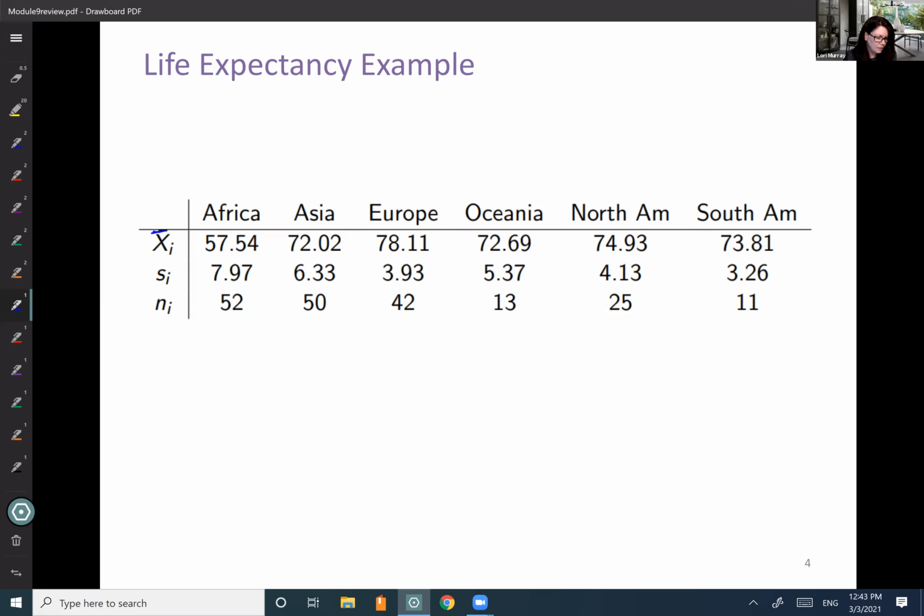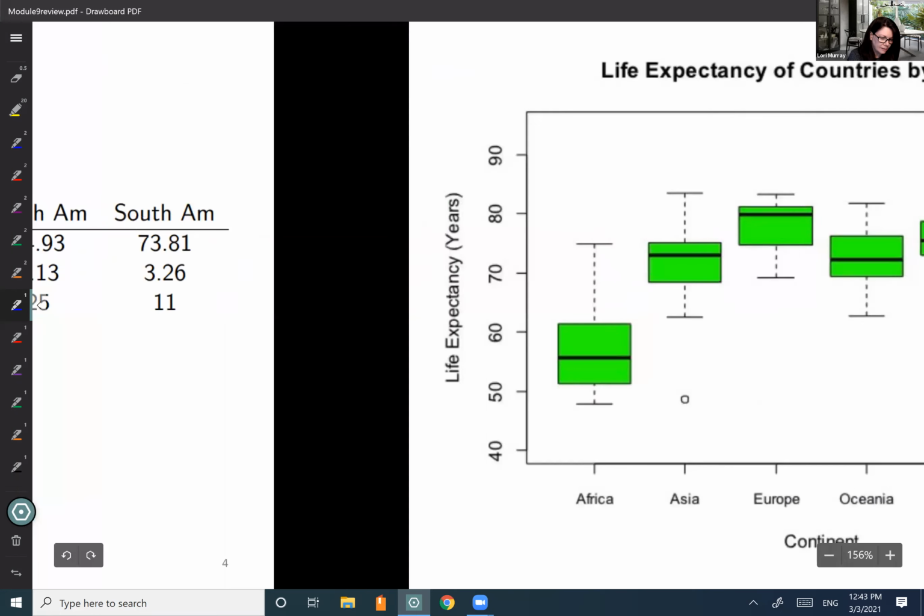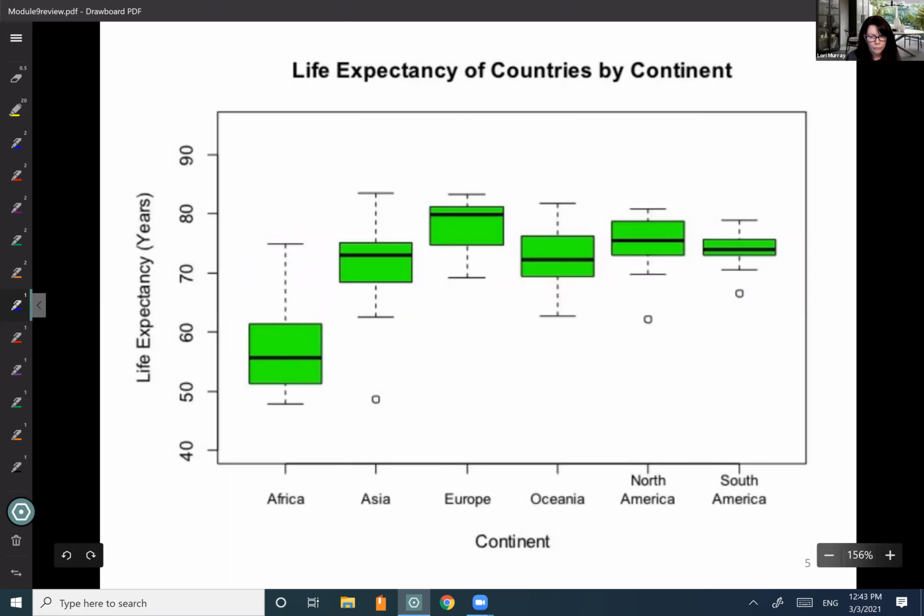Those are the average life expectancies for each of those continents. We can also look at the box plots for each of these continents and compare the differences in their averages. If you remember way back, box plots show the distributions. For Africa, there were 52 countries, Asia 50. There's an outlier, another outlier, another outlier.